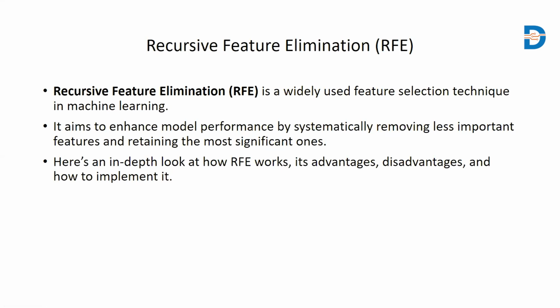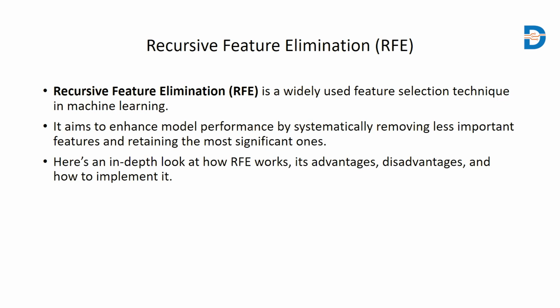Recursive feature elimination is a widely used feature selection technique in machine learning. We have many feature selection techniques under feature engineering, and this is one of the widely used ones. It aims to enhance model performance by systematically removing less important features and retaining the most significant ones.